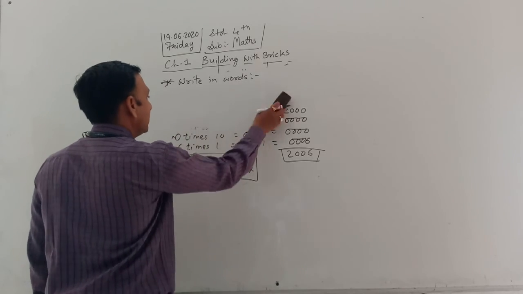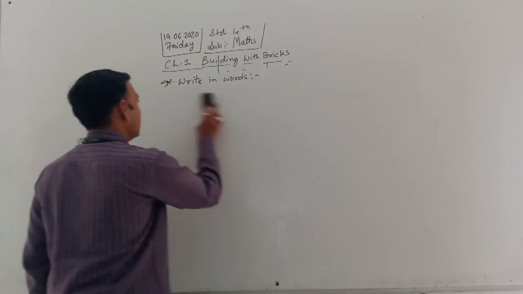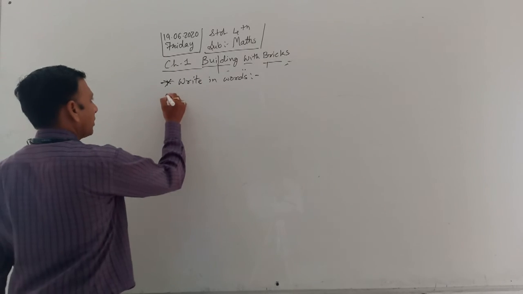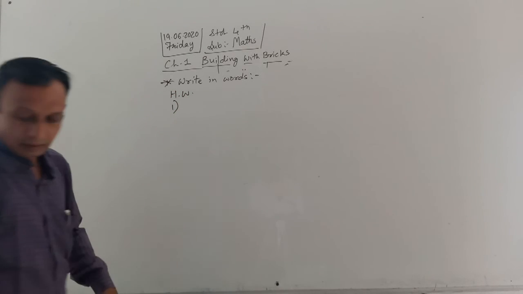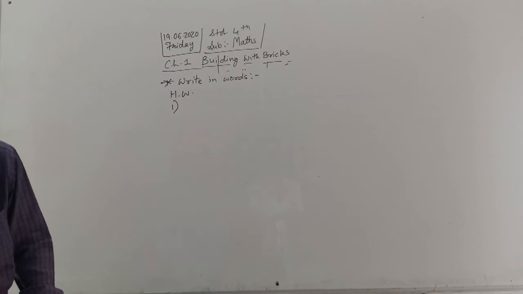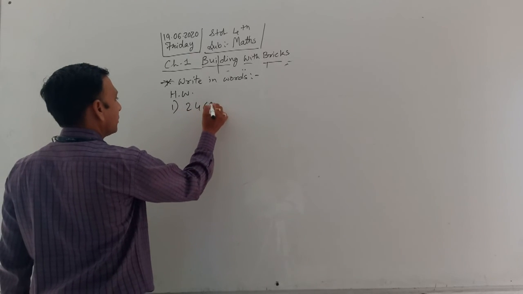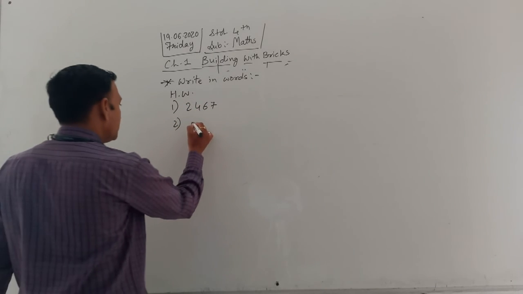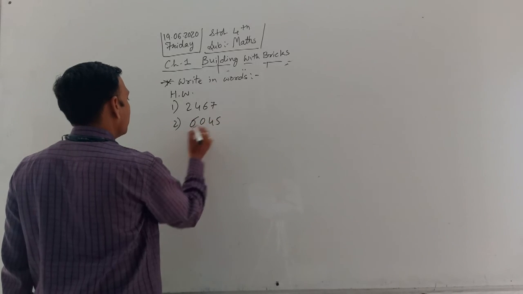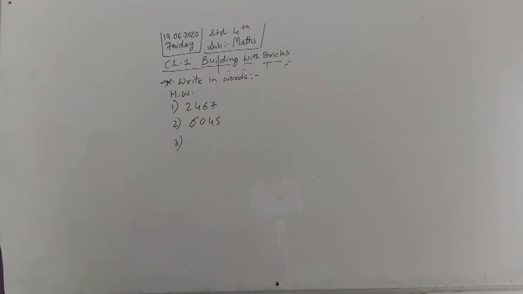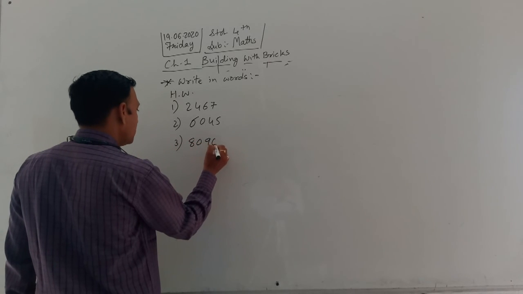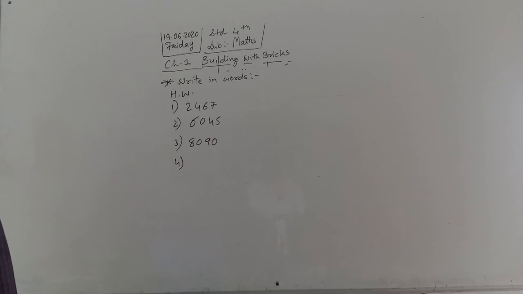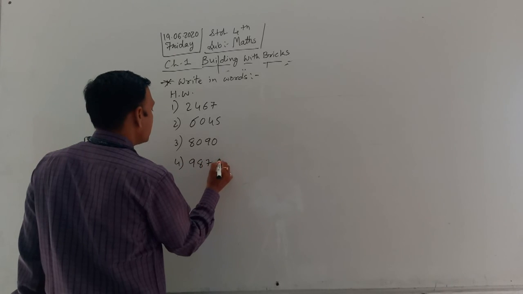Write in words in this way only. 2, 4, 6, 7. 6, 0, 4, 5. 8, 0, 9, 0. 9, 8, 7, 6.